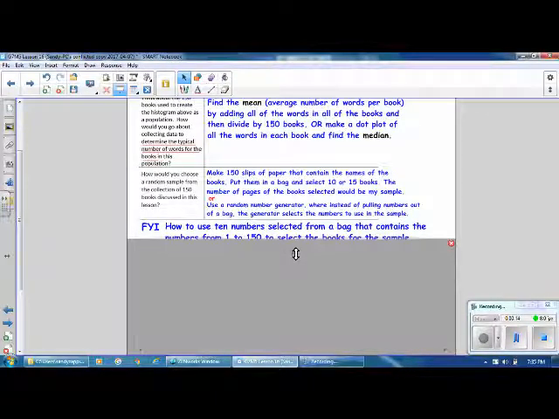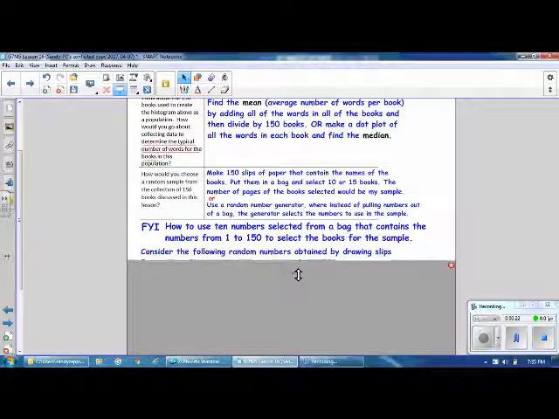How to use 10 numbers selected from a bag that contains the numbers 1 to 150 to select books for the sample. Consider the following random numbers obtained by drawing slips from a bag that contain the numbers 1 to 150. We use the numbers 1 to 150 because there are 150 titles, and we want to know how many pages are on each book. And we only want to select 10 of those books, but we want them selected randomly.